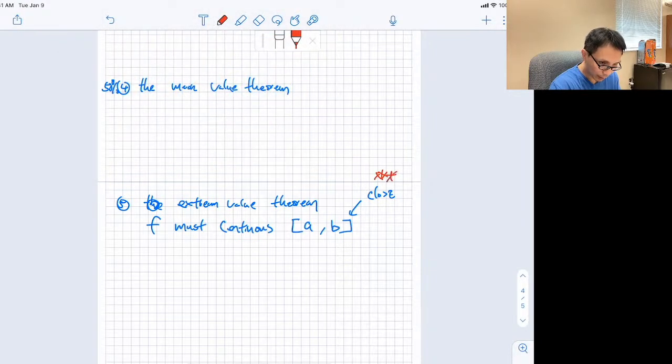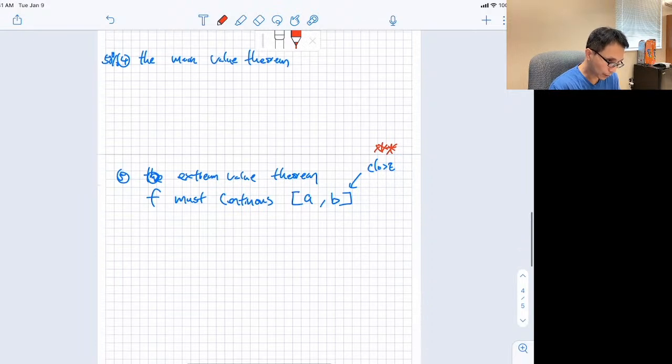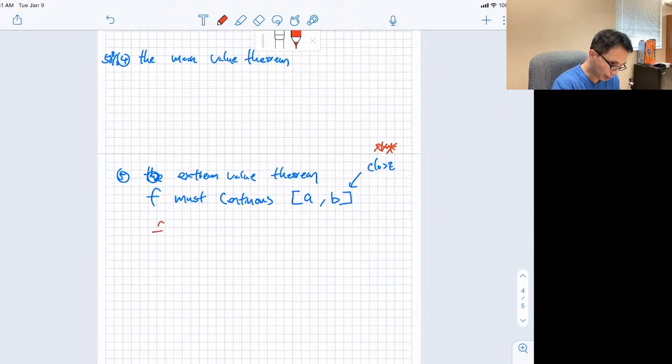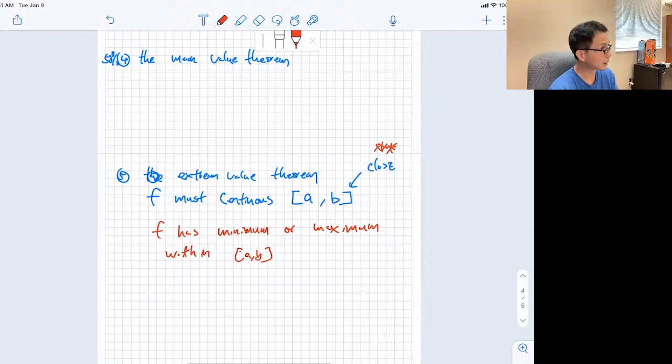That's very, very important. And then what it says is the result is going to be that f has a minimum or maximum within a and b. It must have a minimum and a maximum.